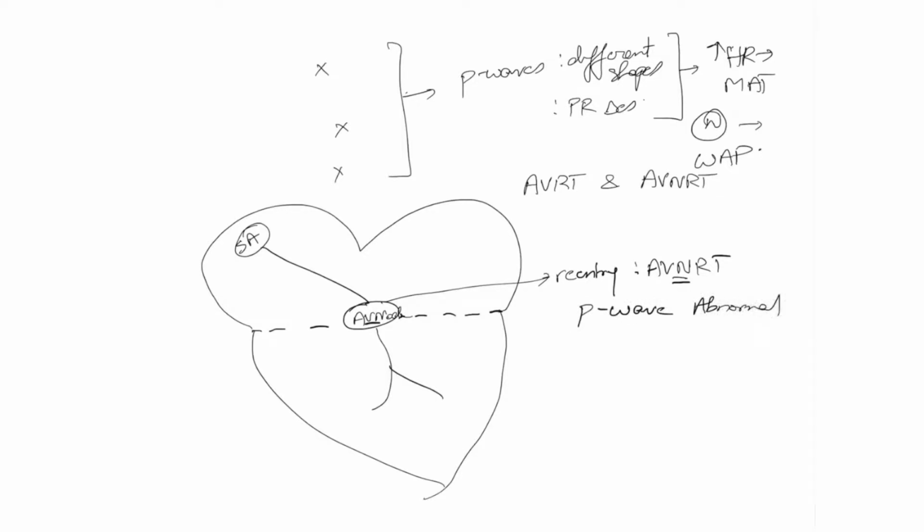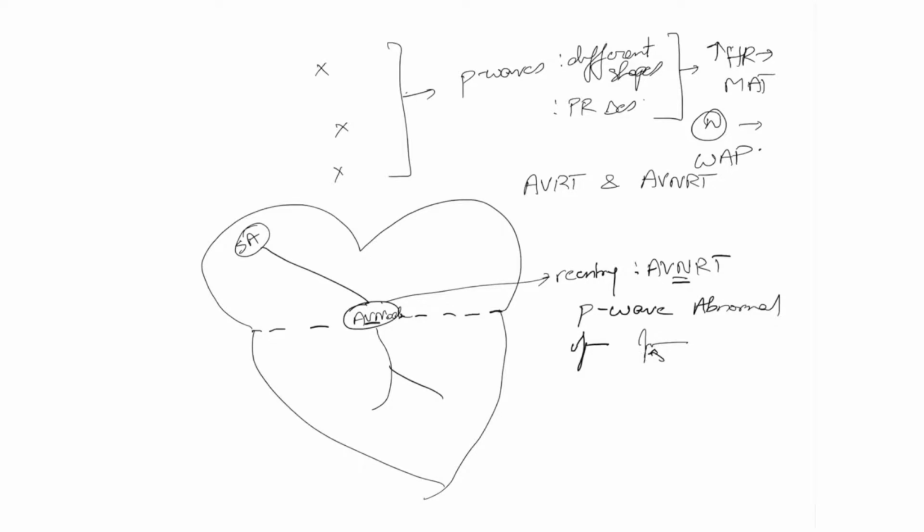And based on where in the AV node the impulse is originating, the P wave may be either just before the QRS complex, so you could have something like that. It could be within the QRS complex and you might not even see it, or sometimes it might be just after the QRS complex.